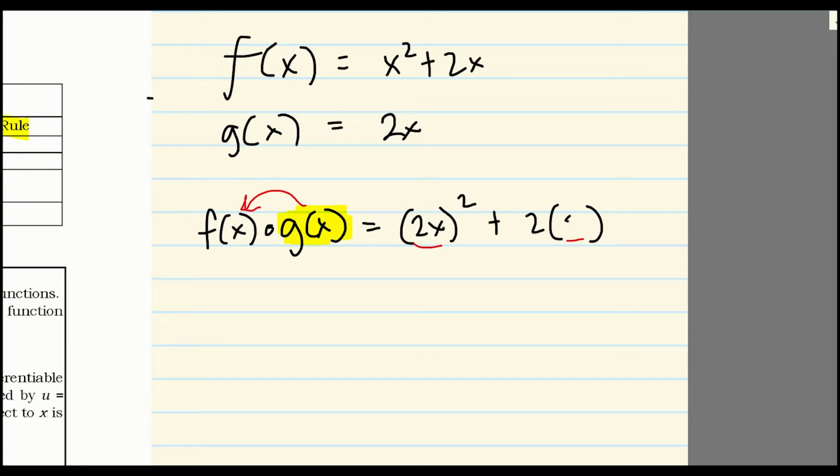So 2x and 2x over here. So the composite is 2x squared, which is 4x squared plus 4x. So that is the composite of f of x and g of x.